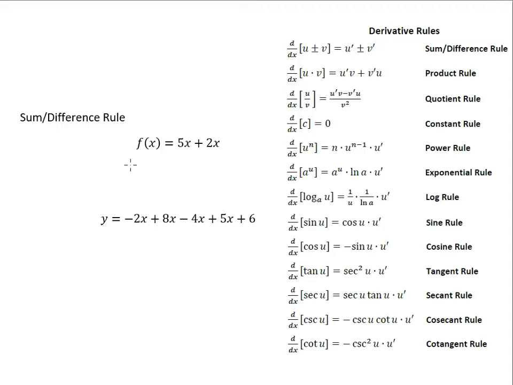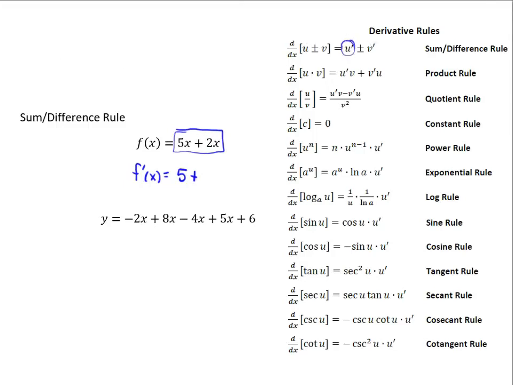I'm going to use some very basic equations, since thus far we have only talked about linear equations. So if I am finding the derivative of this, overall this is a sum rule. This is an addition rule. So I find the derivative, f prime of x. The derivative of 5x, or what is the slope of this equation everywhere? It is 5. So then plus, I've taken the derivative of the first part.